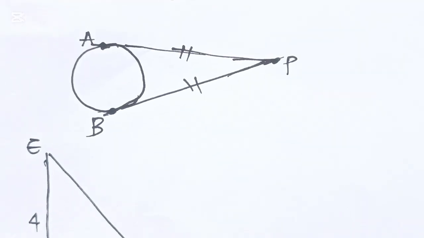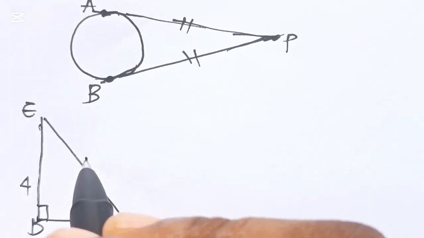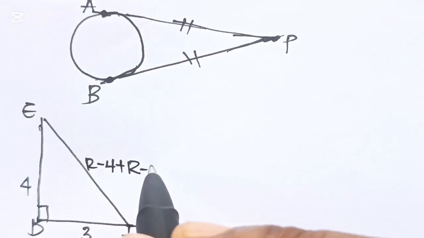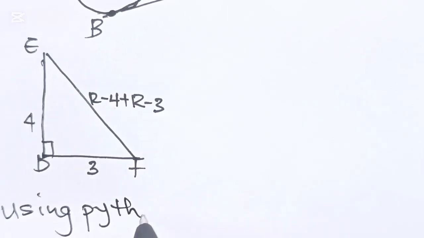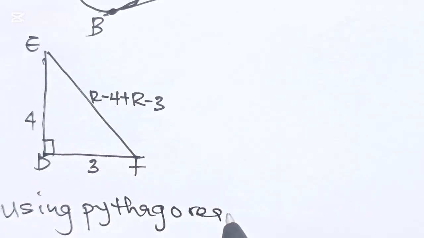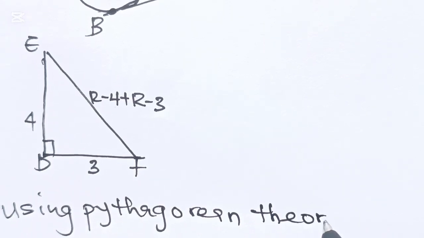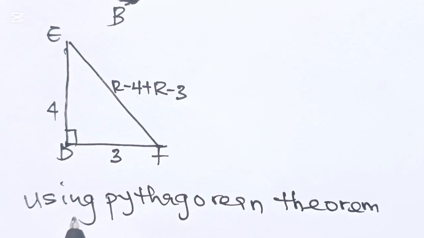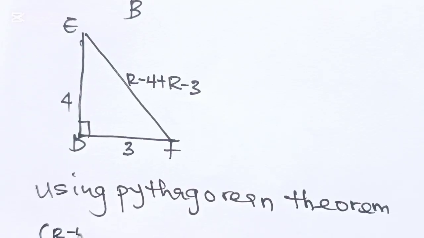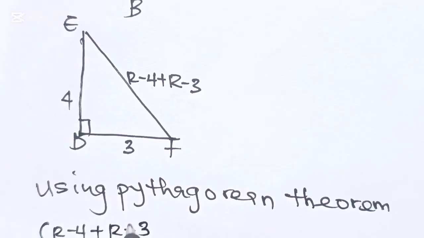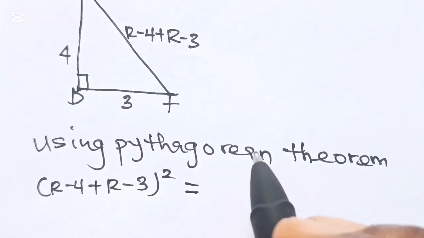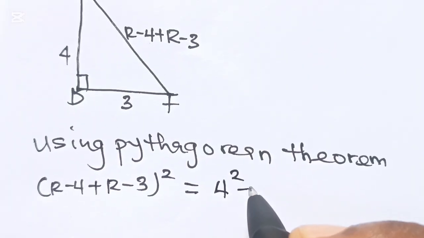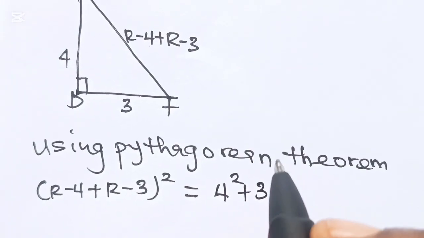So the hypotenuse will be r minus 4 plus r minus 3. Now using the Pythagorean theorem, we can see that r minus 4 plus r minus 3, all squared, being the hypotenuse, should be equal to 4 squared plus 3 squared.